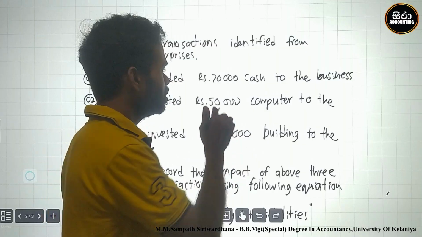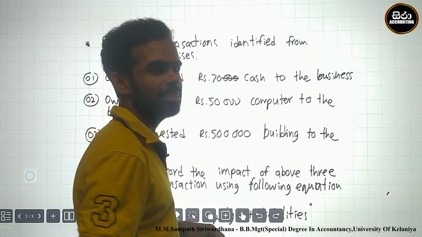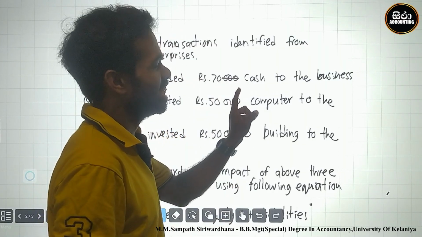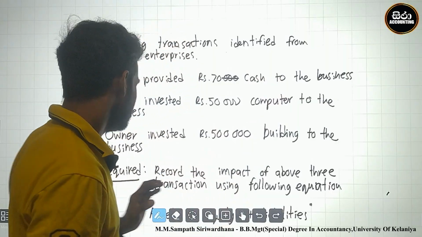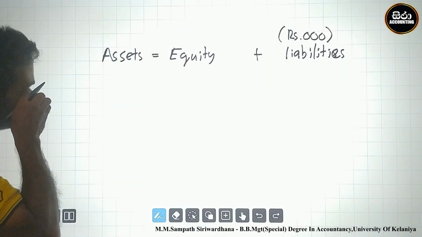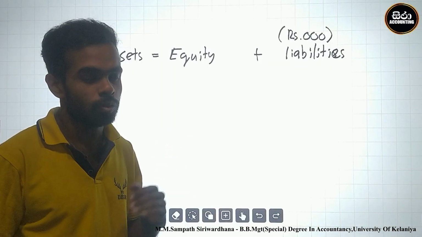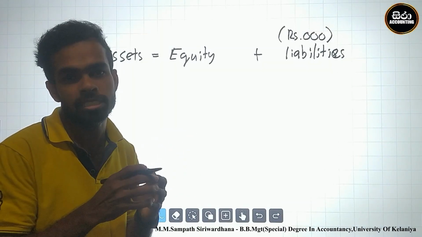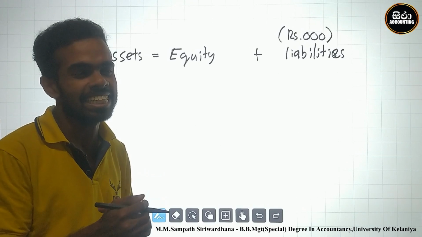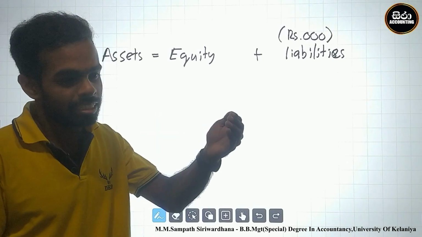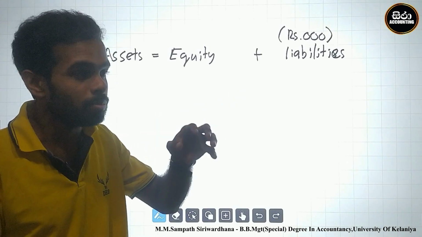With 1000 used now, I cut 3 zeros: 70 cash to the business. Therefore, you firstly identify the assets. Is there an inflow or outflow of a tangible or visible thing to the business? There is an inflow. The owner invested now.